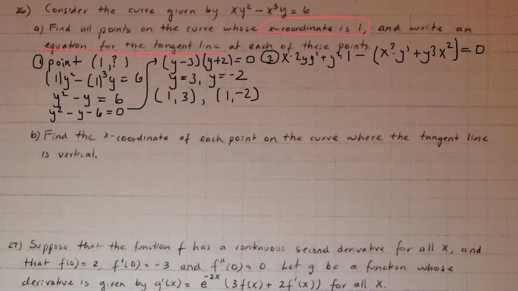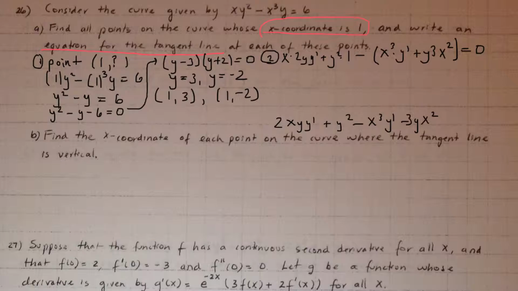Now we have to solve that. So let me clean up here. This would be 2xy prime plus y squared, and then minus x cubed y prime, and then minus again y, 3 y x squared.